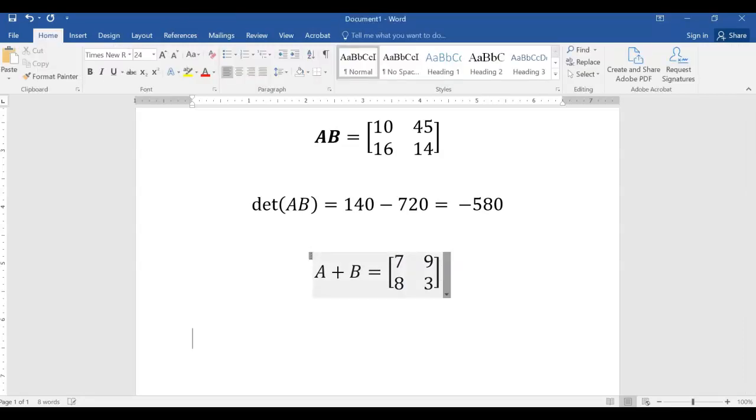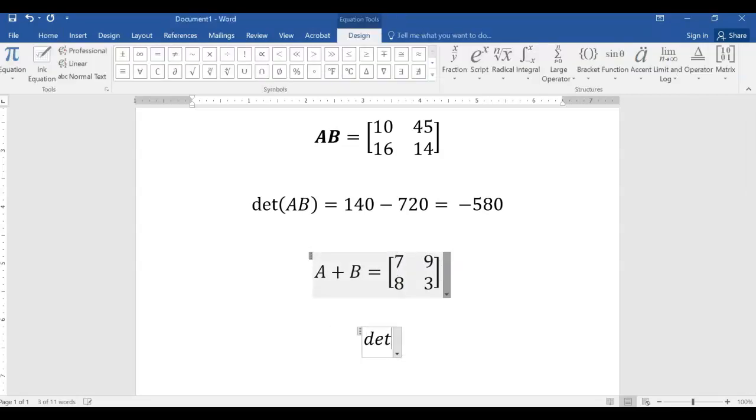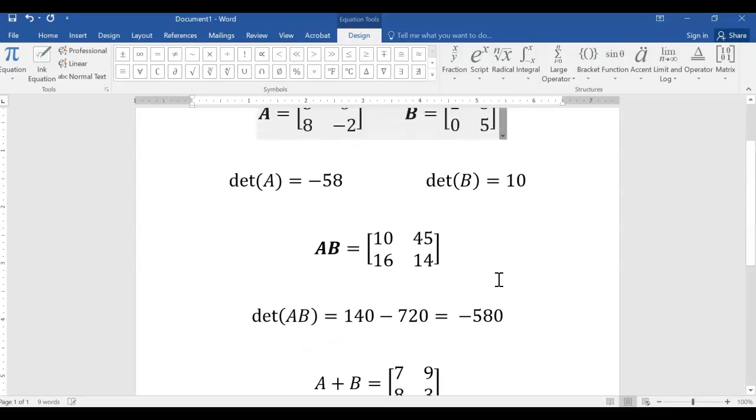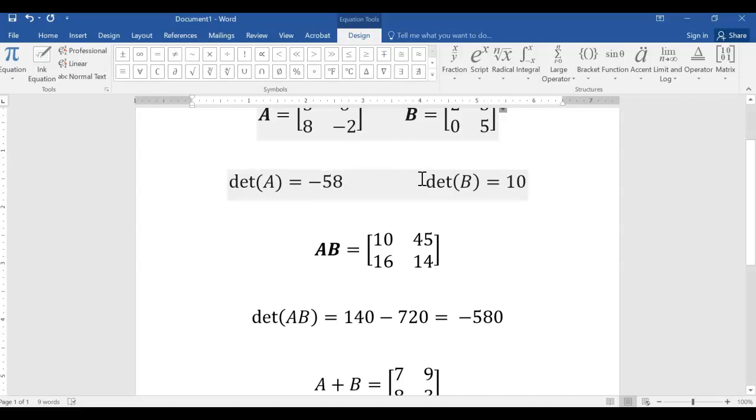And so if you were going to find the determinant of A plus B, what you'd have to end up with is 21 minus 72. Whoops, I'm sorry, negative 51, which really has no bearing in relationship to my original determinants.